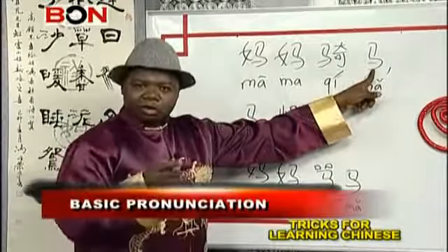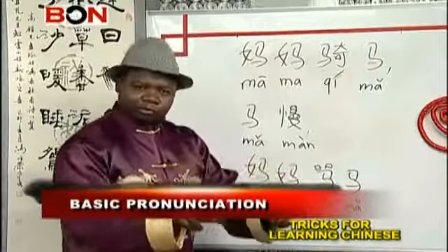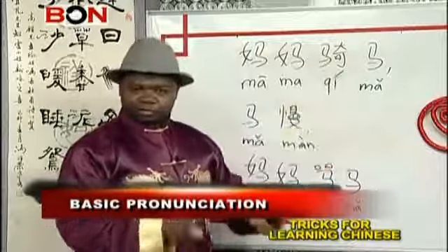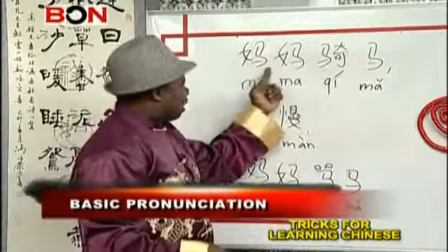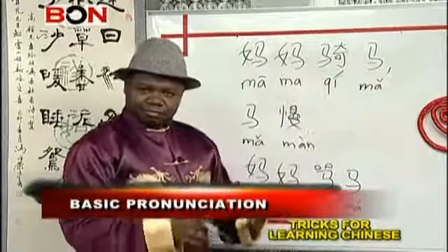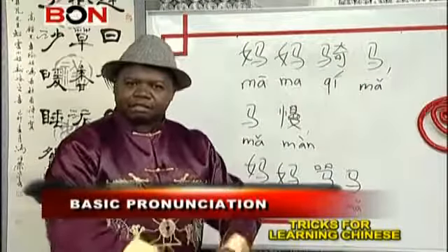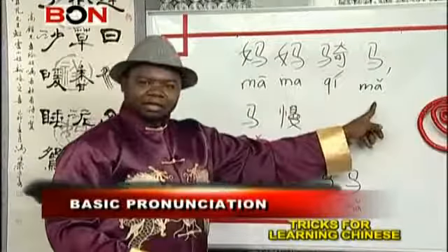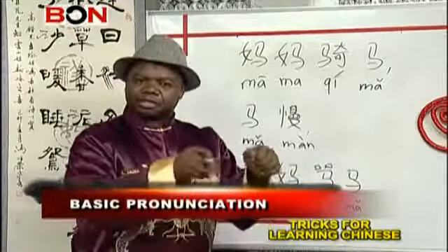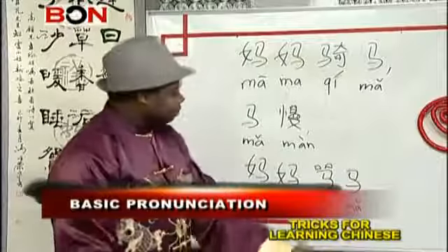Ma means a horse. Qi means to ride. Ride a horse, ride a bike. So, ma ma qi ma means mother or mom is riding a horse.